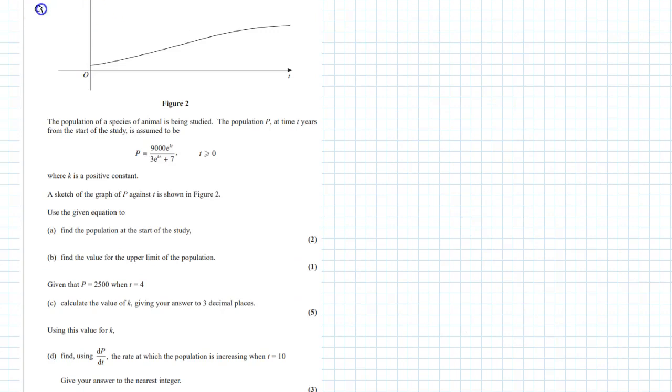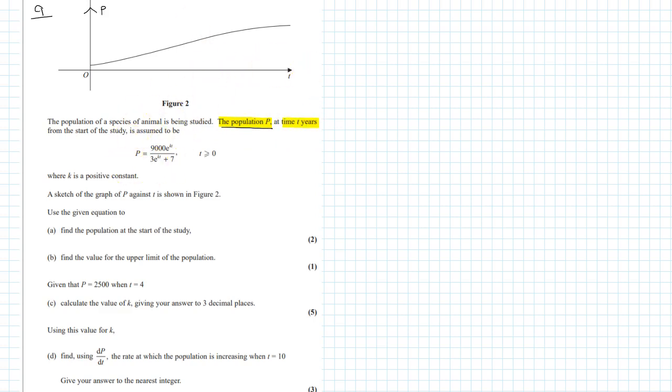Question number 9. This is P and this is T. P is the population and T is the time in years.